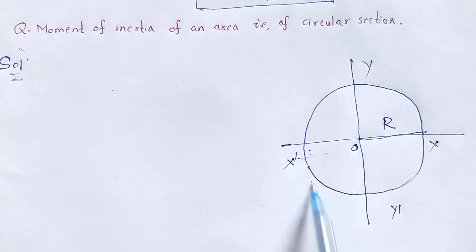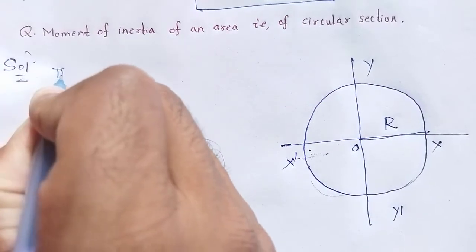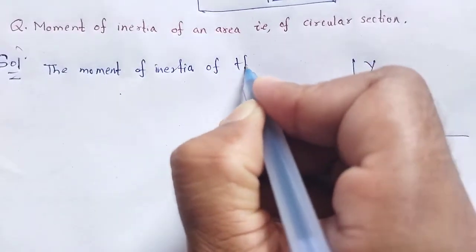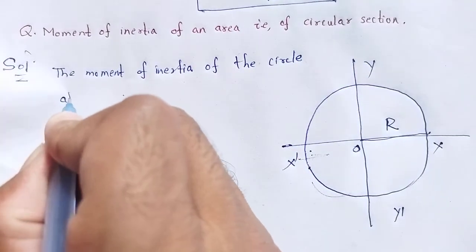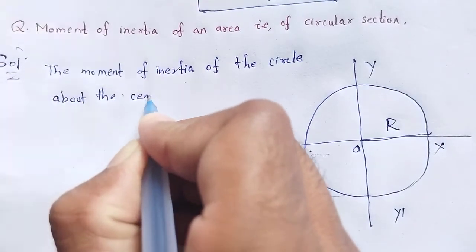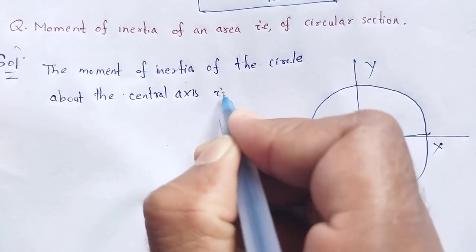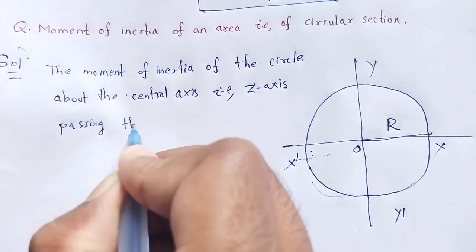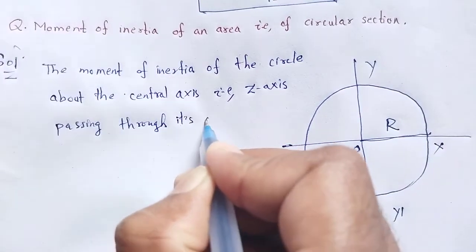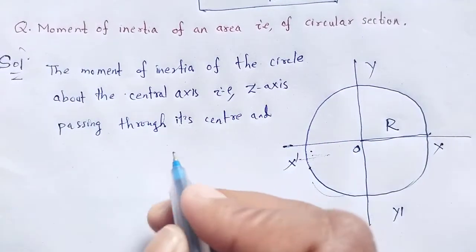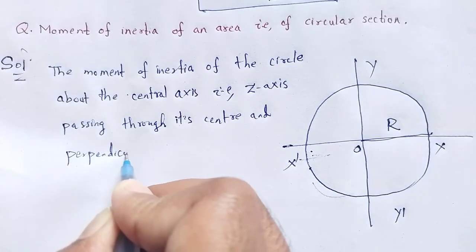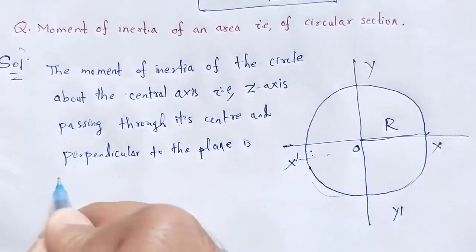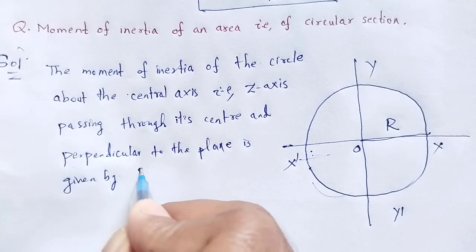Now we find out the moment of inertia of the circle about the central axis, that is the Z axis, passing through its center and perpendicular to the plane, which is given by Routh's rule.